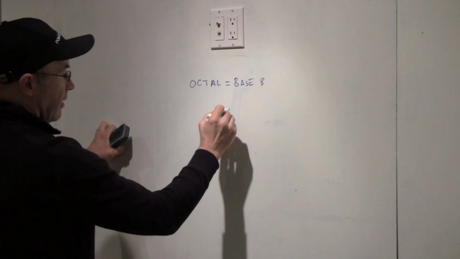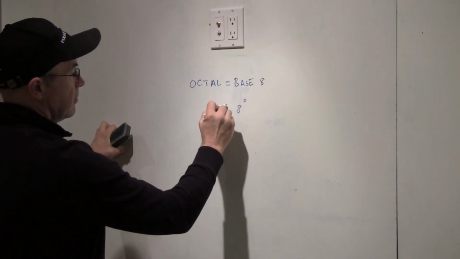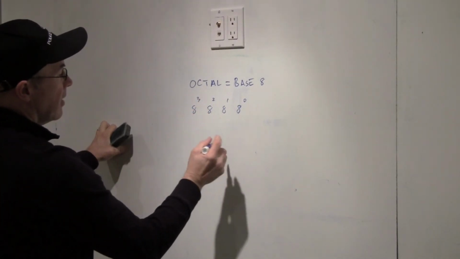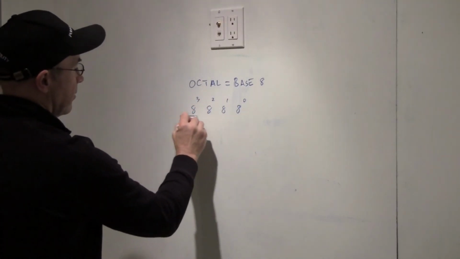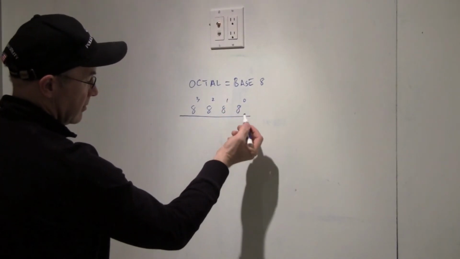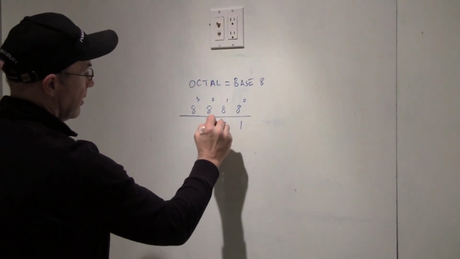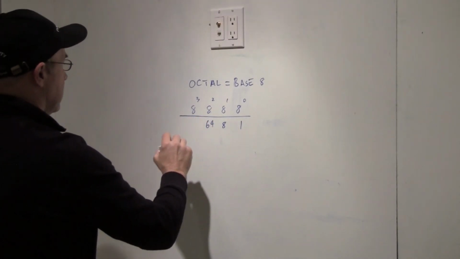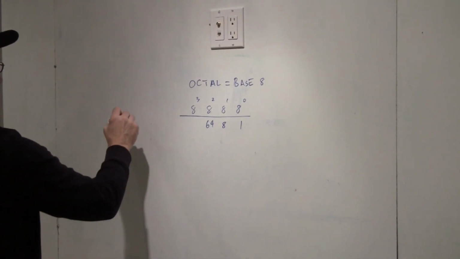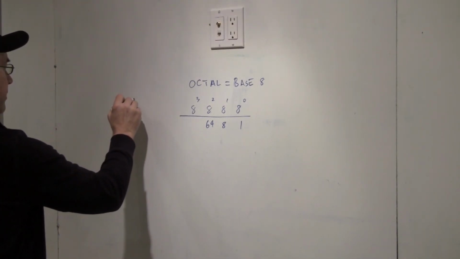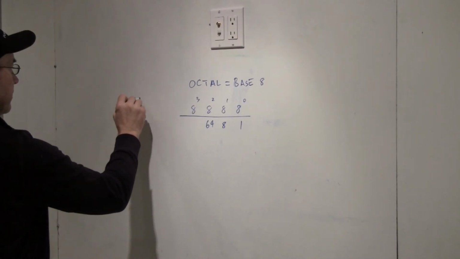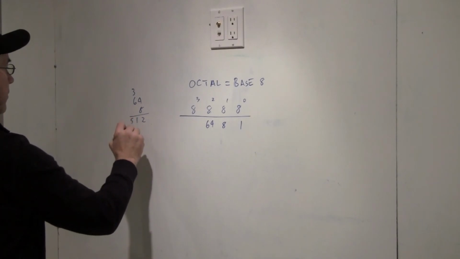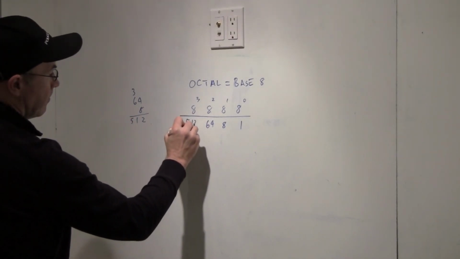So basically you're going to have 8 to the 0, 8 to the 1, 8 to the 2, 8 cubed column, and so on and so forth. 8 to anything to the 0 power is 1, then 8, 64. What is 8 cubed? I don't know if it's 256, let's see. That'd be 64 times 8. So it's 512, sorry.